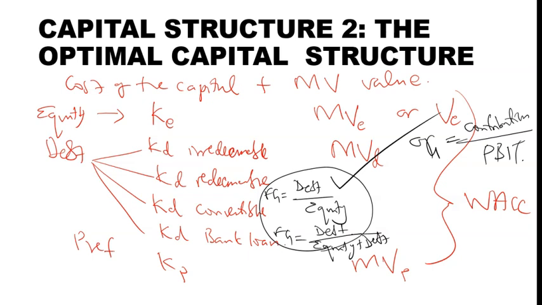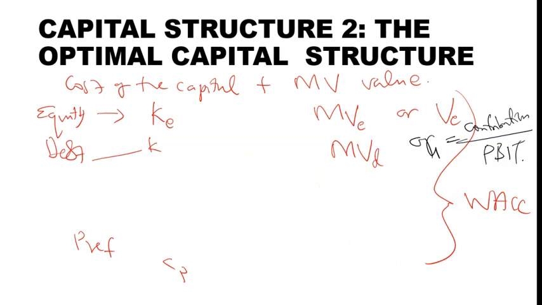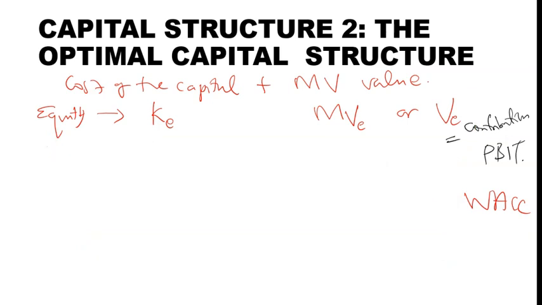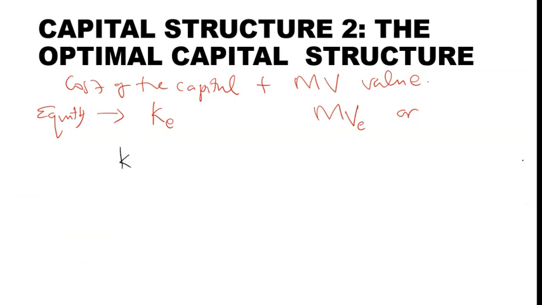However, what is essential to note at the moment is that you still remember that when we calculated, for example, our KE using the dividend valuation model, KE was equal to D over PO.